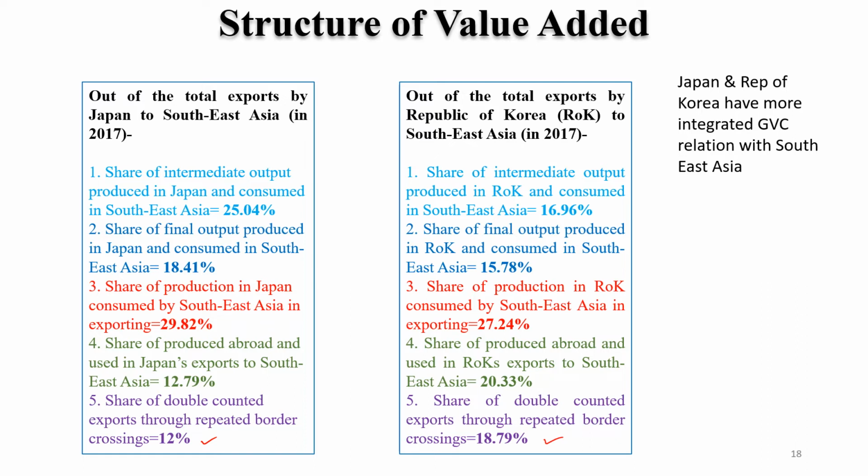We can also see the participation of these countries in global value chains. Global value chain participation with Japan and Korea is quite high. You can see 29.82% and 12.79%. Together, if we sum it, it is more than 40% with Japan, and also more than 47% with Korea.